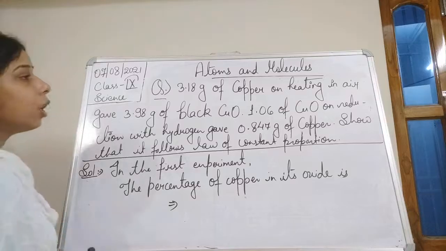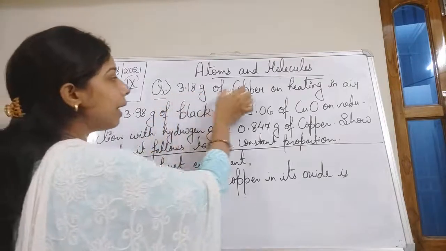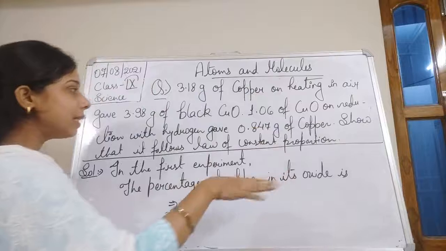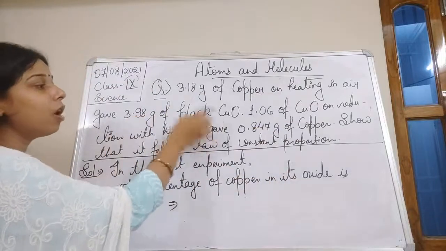We have seen that 3.18 gram of copper, when heated, forms 3.98 gram of copper oxide.